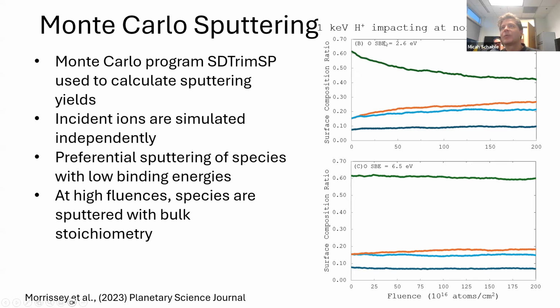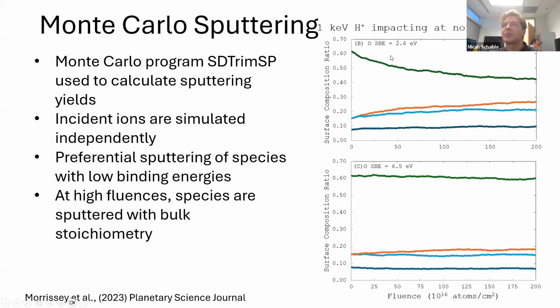And so we see that assuming a relatively low surface binding energy for oxygen, we actually deplete oxygen from the surface. And so this is the surface compositional ratio for this anorthite. It's originally about 0.6 or 60% of oxygen.